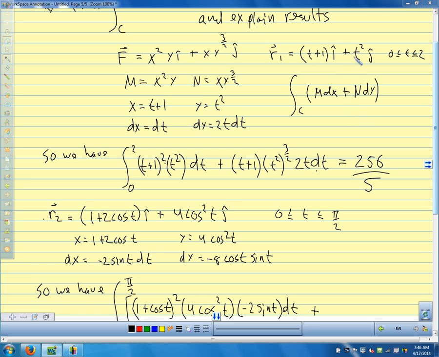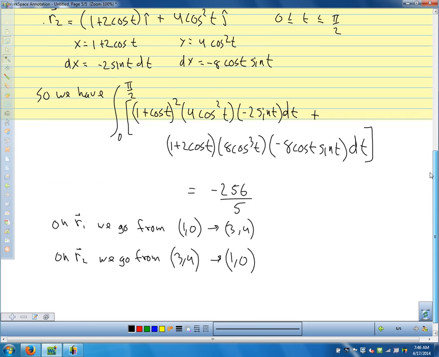So this curve, what would this curve be? Some kind of parabola. Well, here we have the same kind of thing, but we're moving in the opposite direction. This is also a parabola because we have 1 plus 2 cosine t, and this is 4 cosine squared t. So it's a similar kind of relationship. We're just moving in opposite directions.